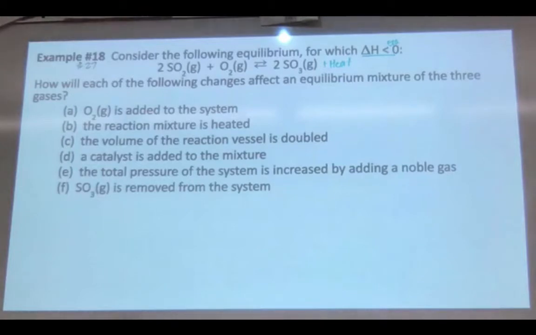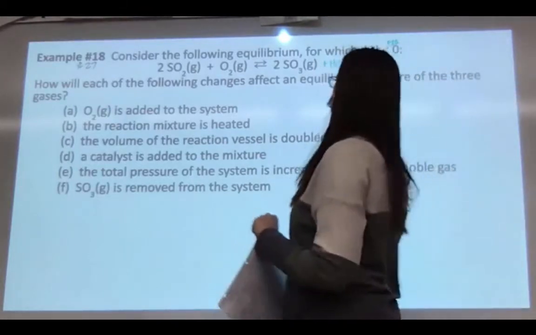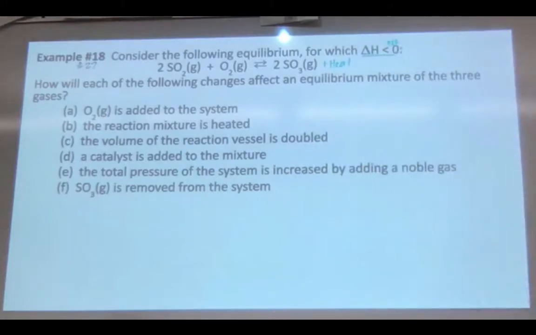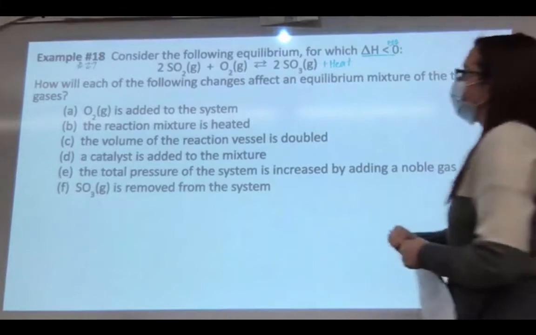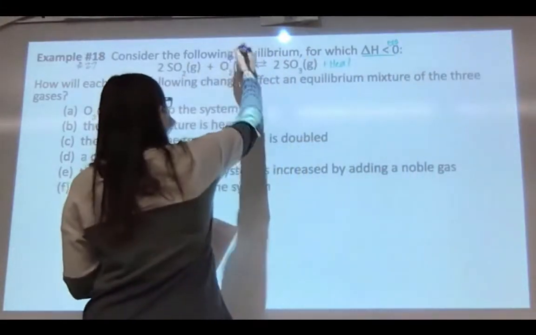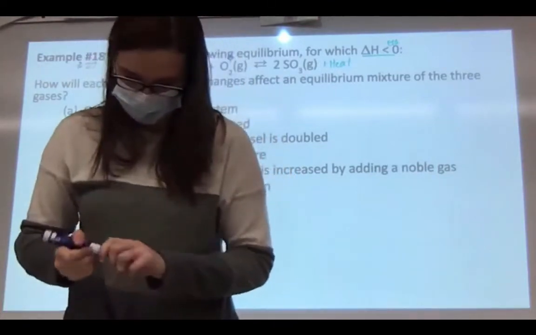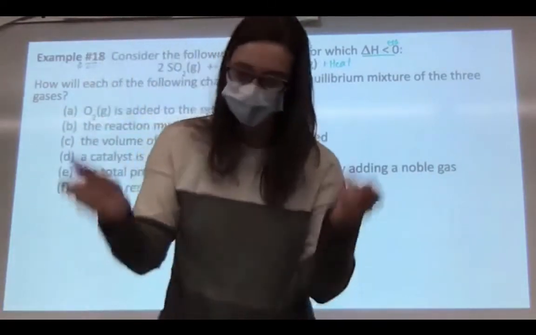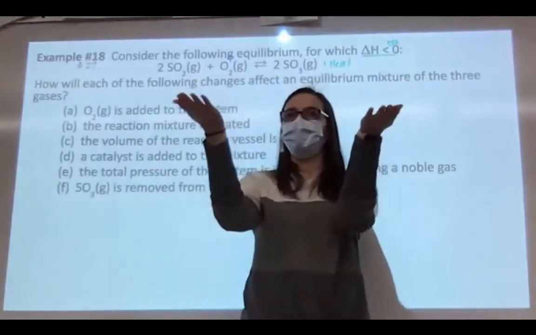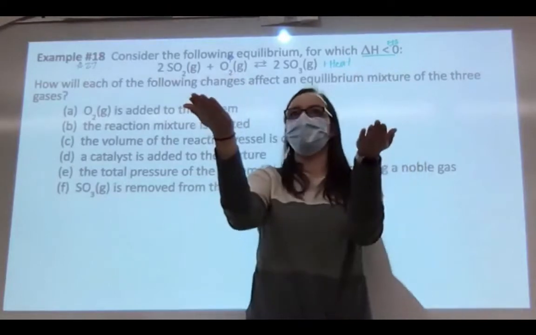Now, let's look at part A. How will each of the following changes affect an equilibrium mixture of the three gases? So for A, if O2 is added to the system, here's what I'm going to do: draw an arrow above O2. Going back to our balance, our seesaw, you're adding more O2.